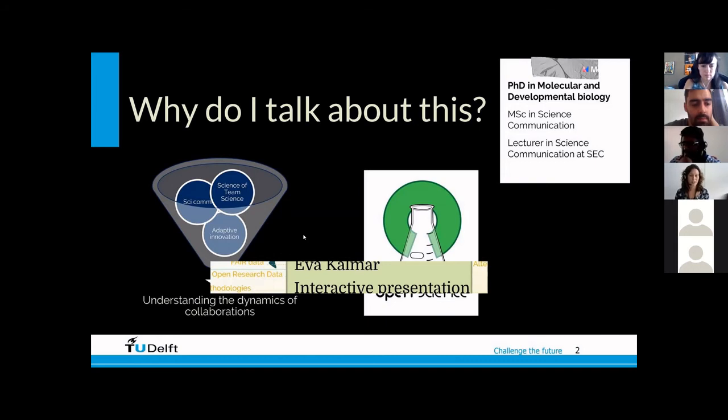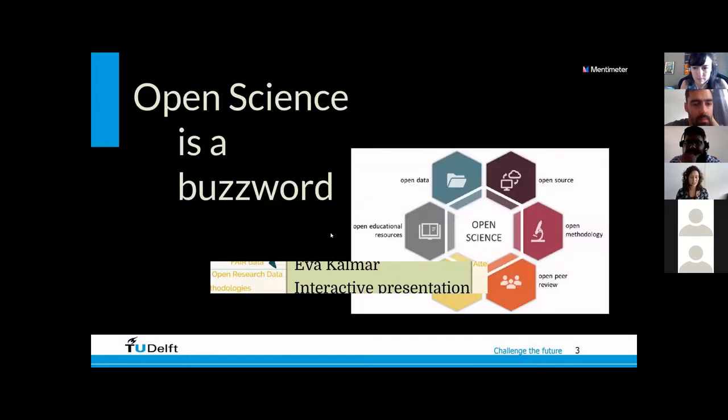This was the reason I got in contact with Open Science, the term itself, and I figured out that this is actually a great buzzword. There are vivid discussions about open science, and a lot of people think they are talking about the same thing, but the common denominator of all these discussions is that science needs to open up. A lot of people understand completely different things under this.